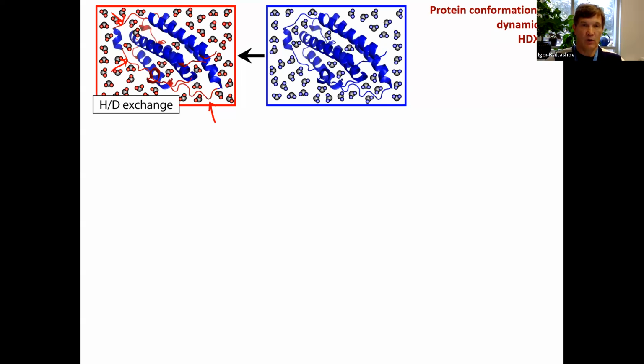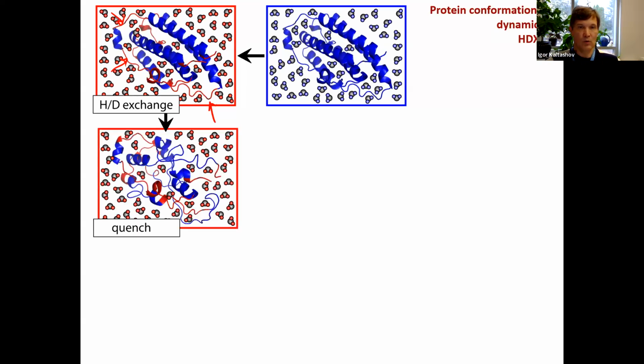So what you do now is quench the exchange, right? You decrease the temperature of your solution to close to 0, and you also put the pH level down to 2.5, 3, right? So you are losing all exchanged hydrogens on the side chains, because under these conditions the exchange is still acid catalyzed. But the backbone hydrogens are protected, right? They are quenched.